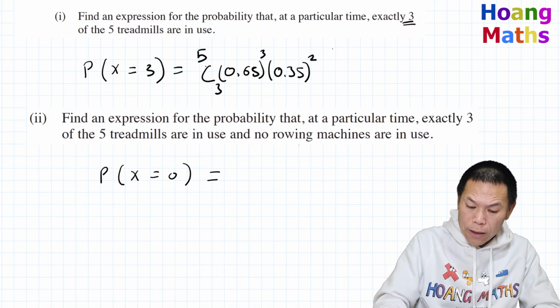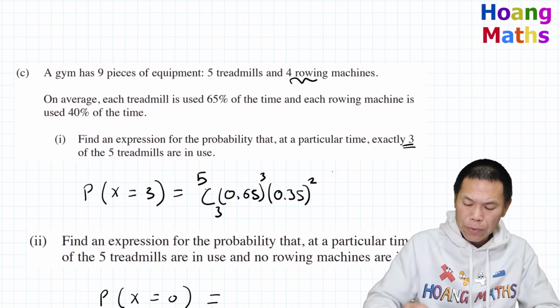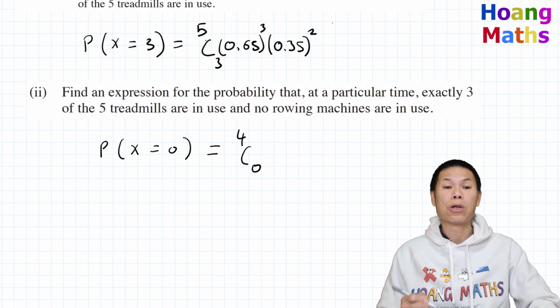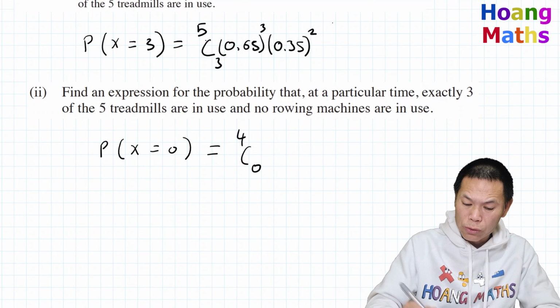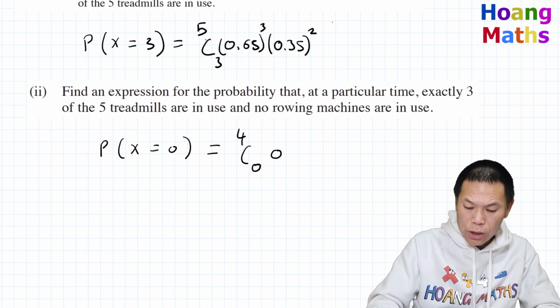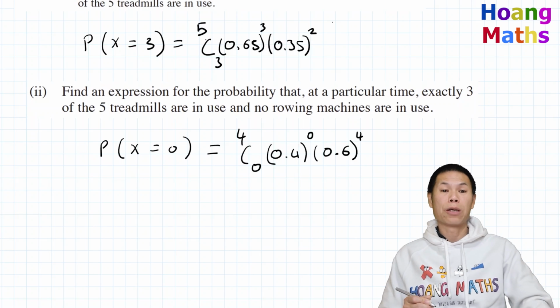So for rowing machine, we only have 4 of them. Okay, so that means 4C0 because we want 0 of them in use. So that means the probability is 0.4. So 0.4 power of 0 and q is 0.6 and then power of 4. So keep that in mind.